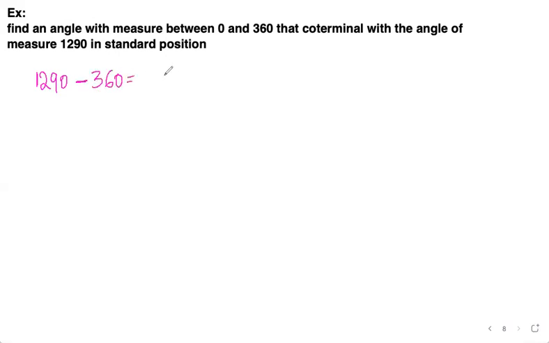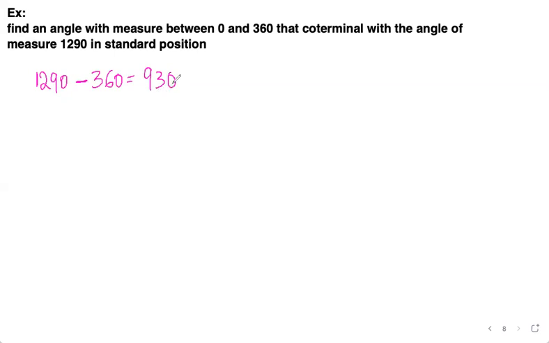What is 1290 minus 360? 0 minus 0 is 0, 9 minus 6 is 3, and 2 minus 3 is not possible, so 12 minus 3 is 9. So the answer is 930.